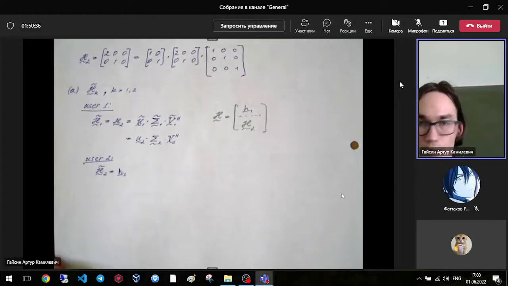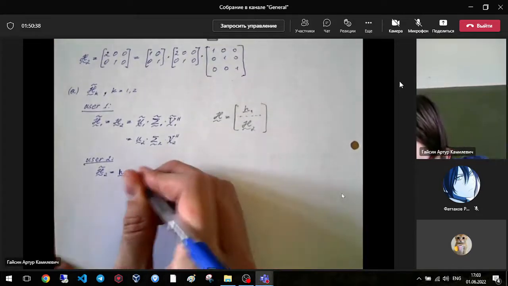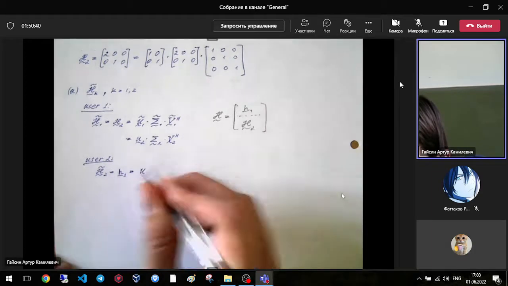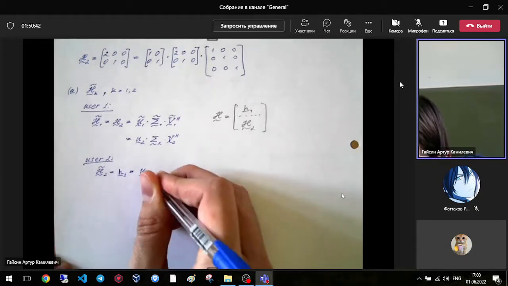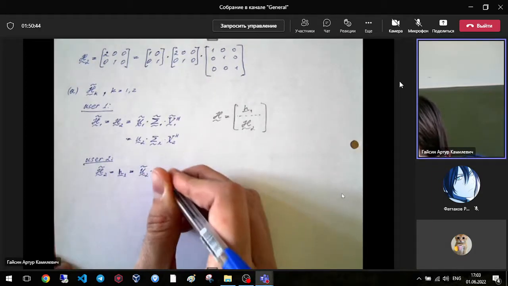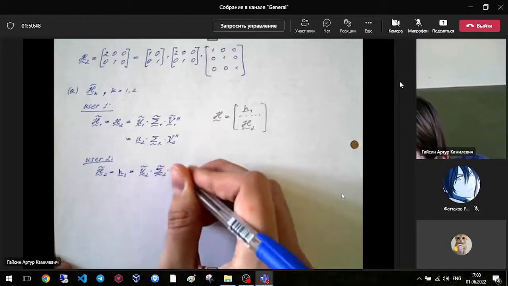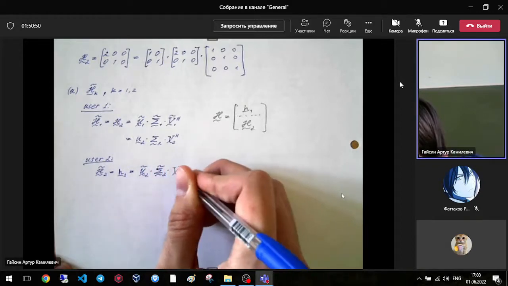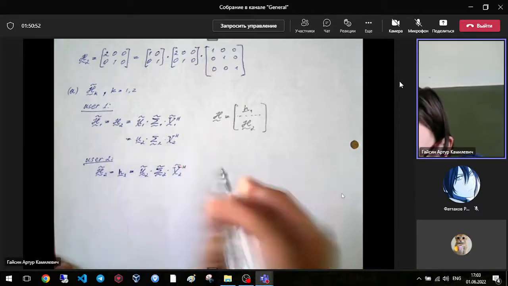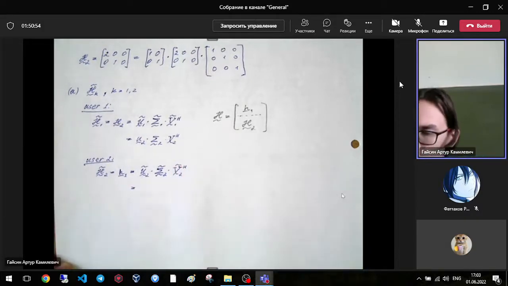And also we can write here that this thing is equal to U2 with tilde times sigma 2 with tilde times V2 with tilde Hermitian. But it is also equal to matrix U1, but maybe I will show it as a scalar here.